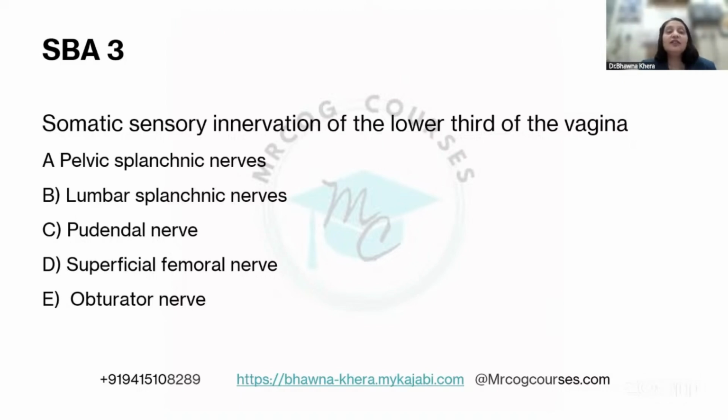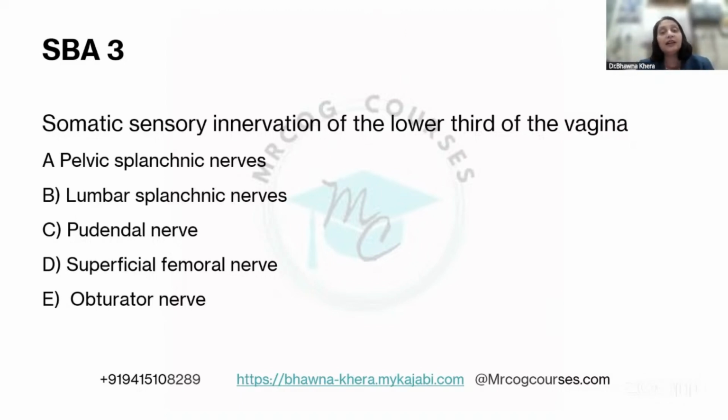Very easy to answer if you remember the embryological origin of the vagina, right? The upper part of the vagina is derived from the endodermal part, and the lower part has a different embryological origin. So the upper part will receive supply from the continuity, whatever nerves are supplying the uterus and cervix will come to the upper part.